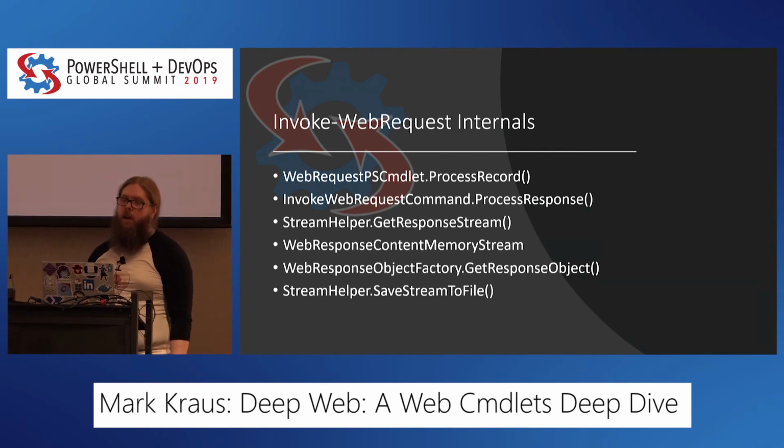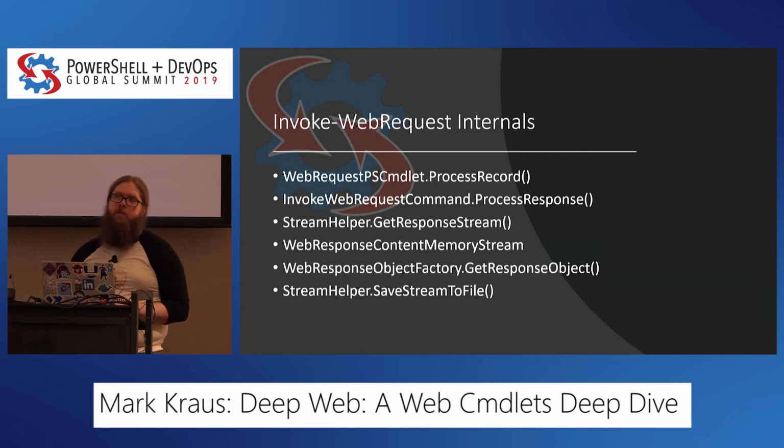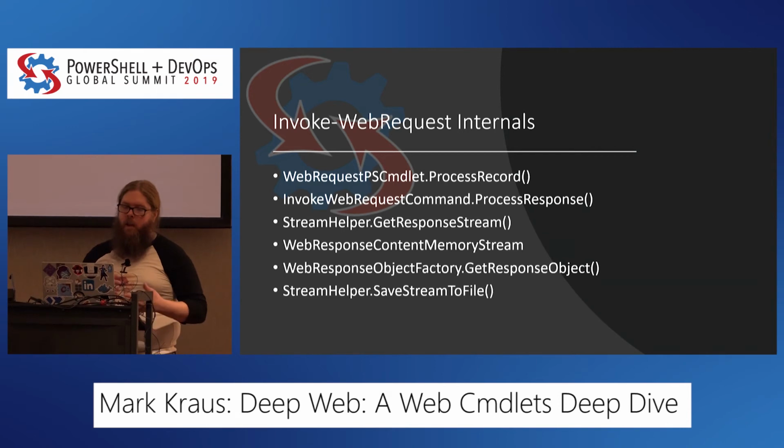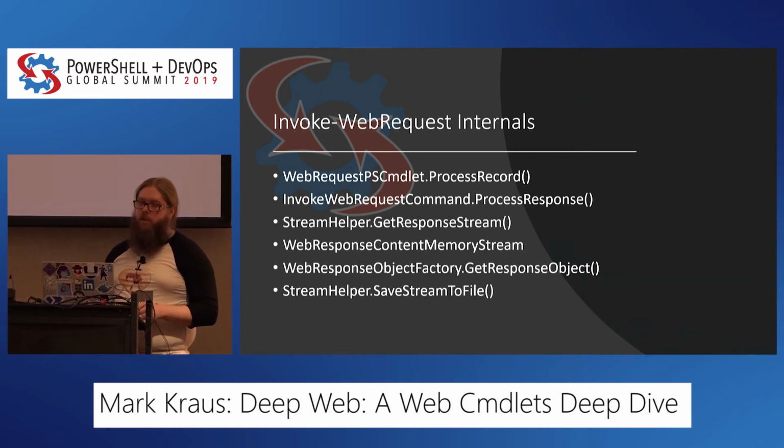That's basically helping us get the response out to do some different things based on what content type it was. It tries to figure out, is this UTF-8? So it does some analysis on what kind of data it is. Then it creates this WebResponseContentMemoryStream, and then it uses that stream to get the response object and save the stream to file.